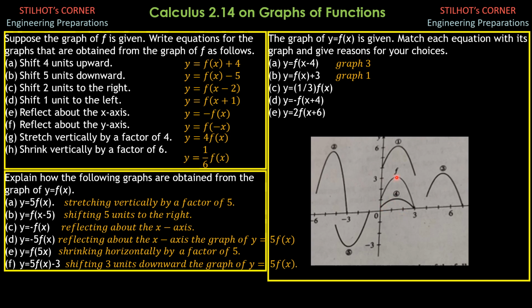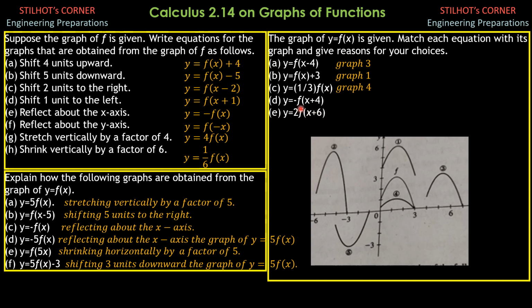If the ordinate here is 3 at the peak, then 1/3 of 3 is 1. So therefore, part C, y equals 1/3 of f of x, is matching with graph number 4. We have to shrink it vertically by a factor of 3. So this is it, graph 4.